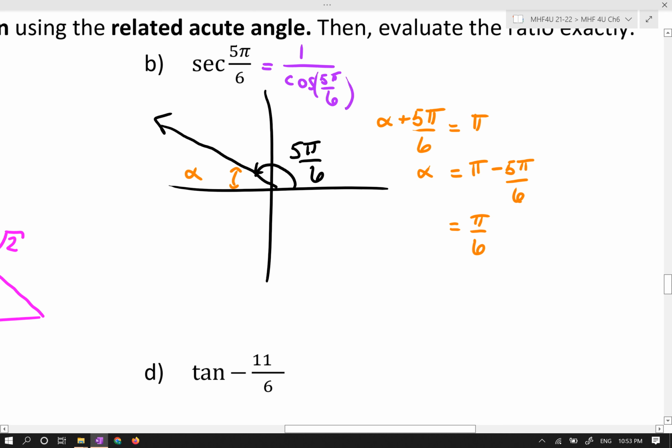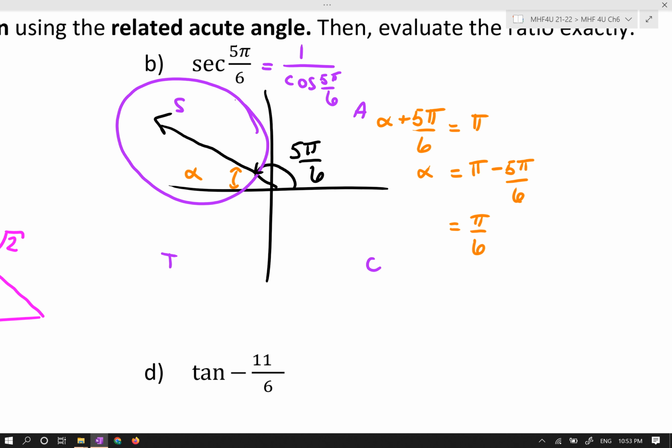All right, so 1 divided by the cosine of 5 pi over 6, it means I'm working with a cosine ratio here. So let's put our CAST rule into play, C-A-S-T, and then I need to check, okay, is cosine going to be positive in quadrant 2? No, it won't be, because sine is my only primary trig ratio that's positive in quadrant 2.